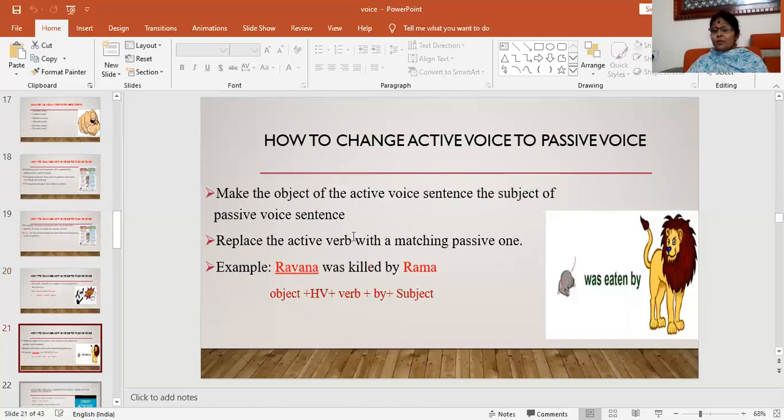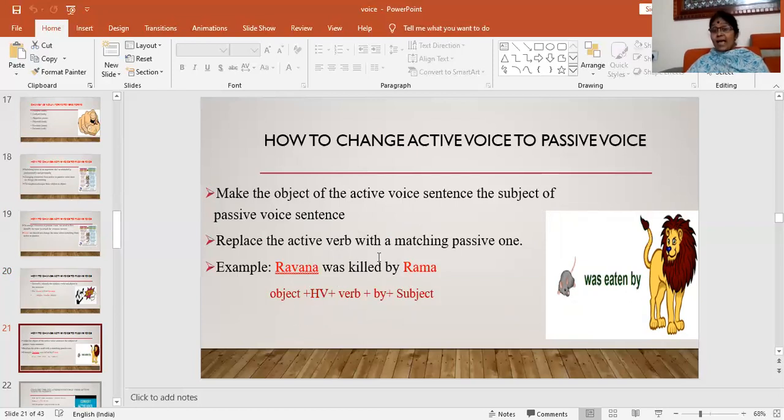Then, when you are changing active voice to passive voice, make the object of the active voice sentence the subject. It will reverse, right? Your object will become the subject. See, object will come here and subject will go here. As I told you earlier, I'm using this formula because it will become easier for us to understand.